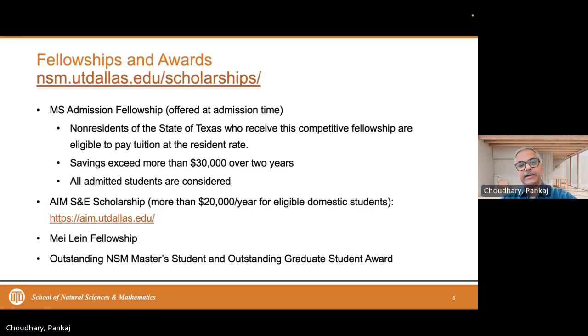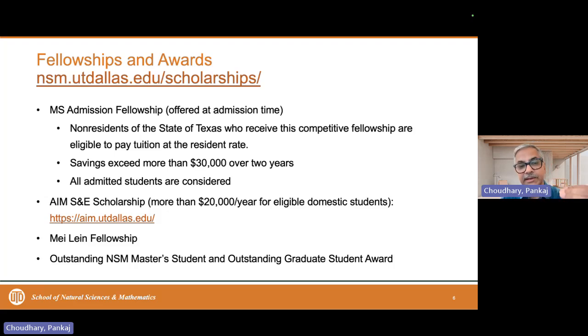Now let me go back to the general master's program and talk about fellowships and awards that are available to pursue this master's program. At the time of admission, we offer something called the MS Admission Fellowship. Although the fellowship amount is not much, it is only $1,000, if you are a non-resident of Texas, then ordinarily you would pay the non-resident tuition rate.